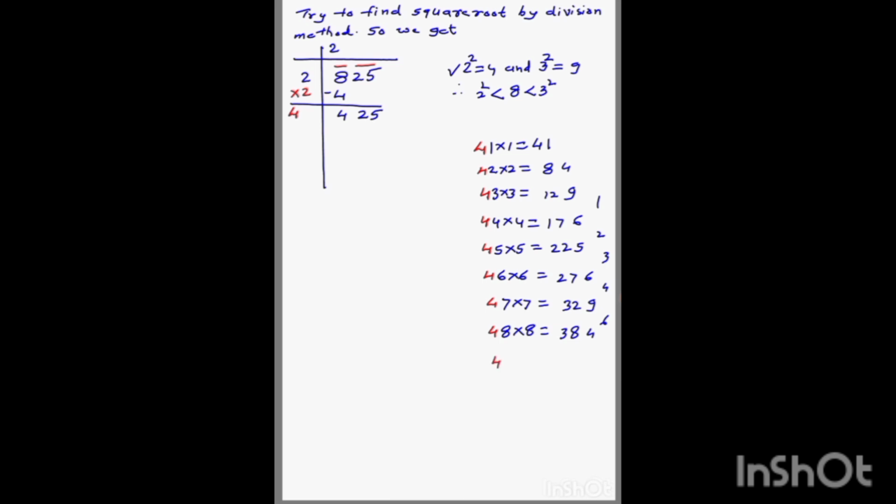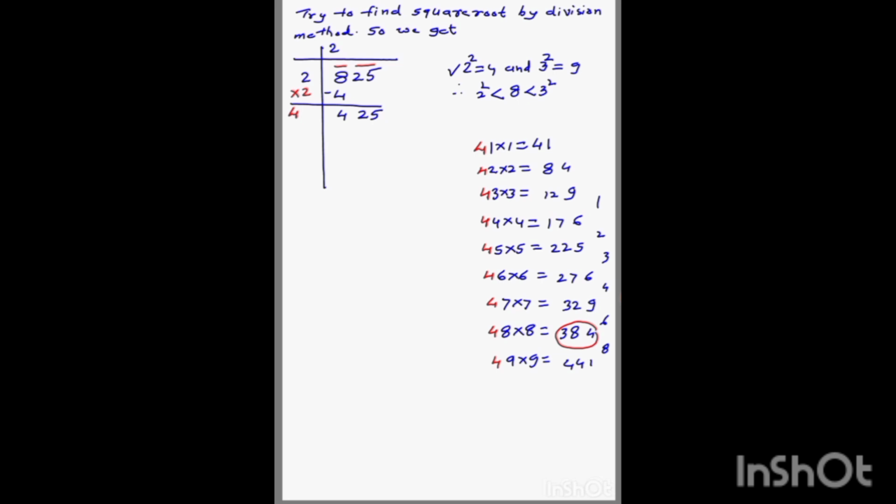Now 49 into 9, see how it is going simple. 9 nines are 81, carry 8, so 441. So there is crossing: it is greater than 425.